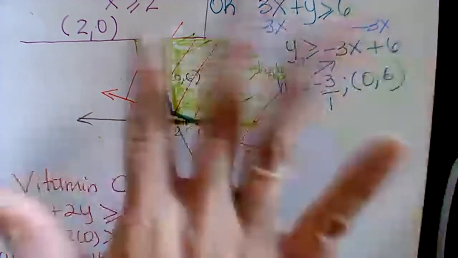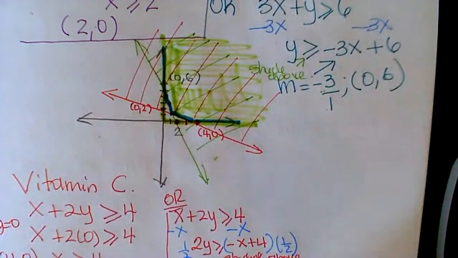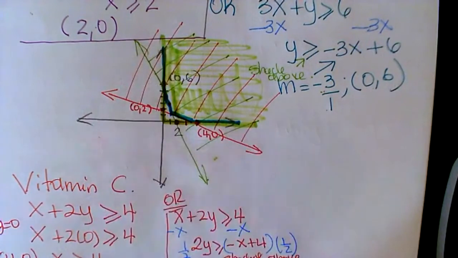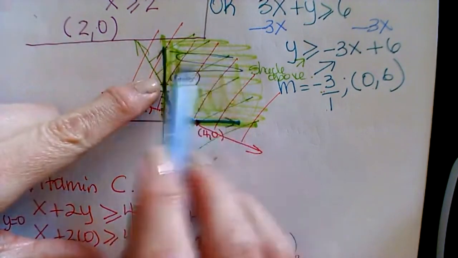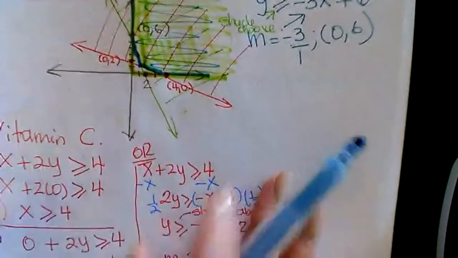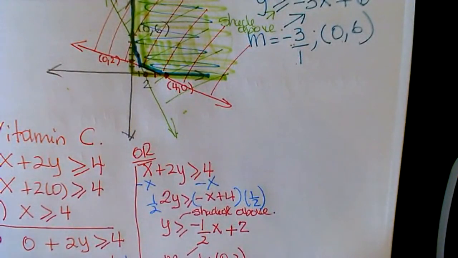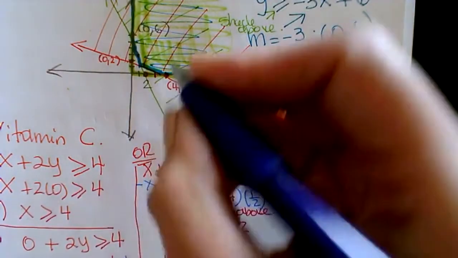So any point in that green part that I just covered, the blue part, represents a combination of gummies that will meet his daily requirement. Okay? So anything here will meet his daily requirements.